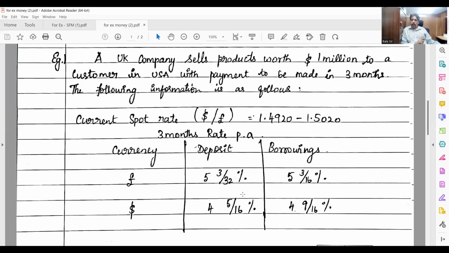One more thing, all these rates are always per annum rates. Even though these are rates for a 3-month deposit or a 3-month loan, these are per annum rates. That means in case you want to deposit money in the US for 3 months, this is the rate applicable, but the rate is a per annum rate.